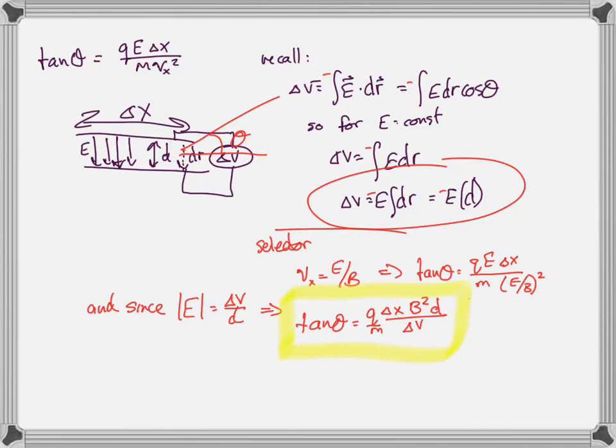Now looking at this equation, Q over M is the unknown. Delta x is the length of the plate, B is the magnetic field that we set with the Helmholtz coil, D is the distance between the two capacitor plates, and delta V is the potential that we set across the plates. So Q over M is the only unknown, and that's what JJ is using this equation for, measuring theta in order to determine Q over M after he sets all of these quantities. Ta-da!